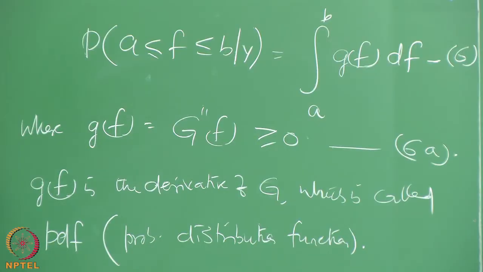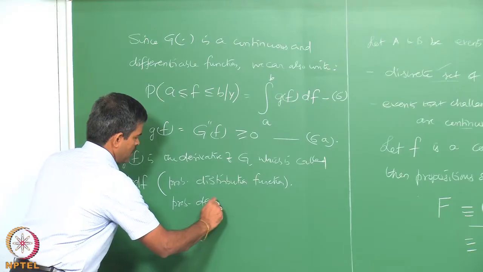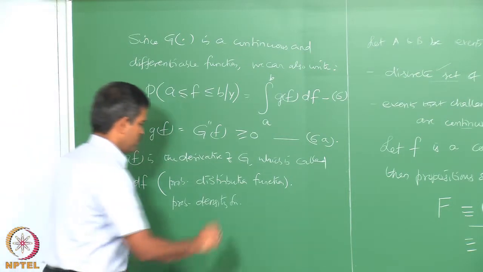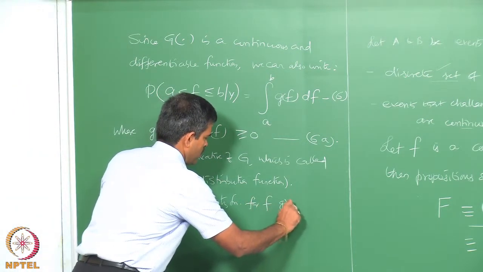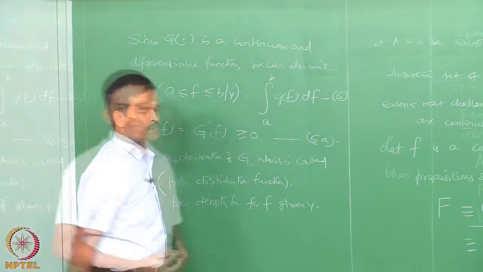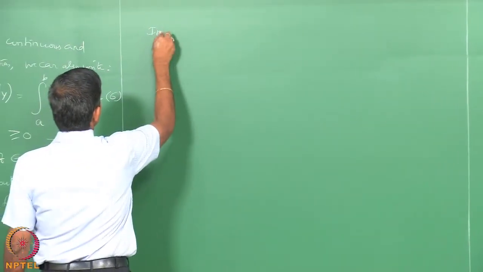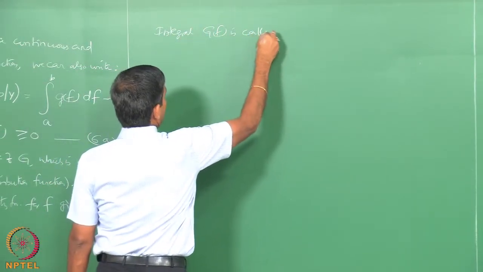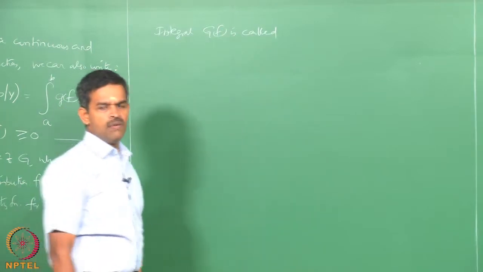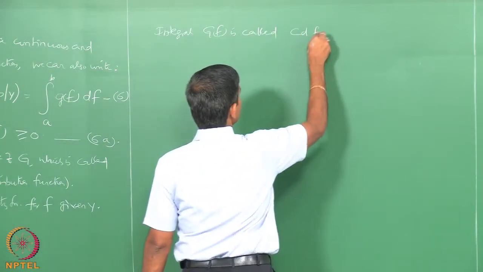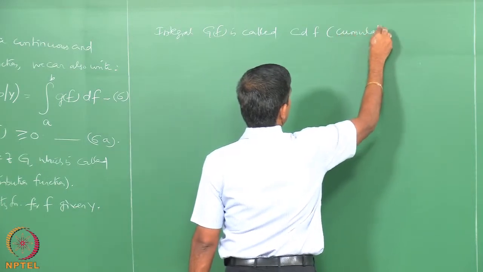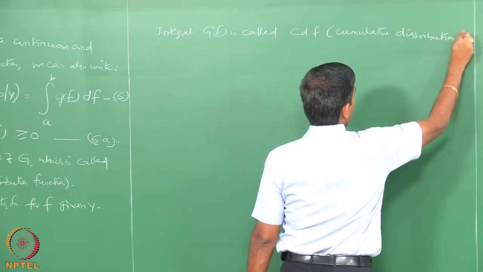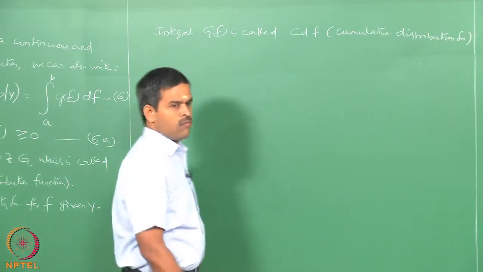It can also be called as probability density function for f given y. The integral of g of f is called cumulative distribution function for f.